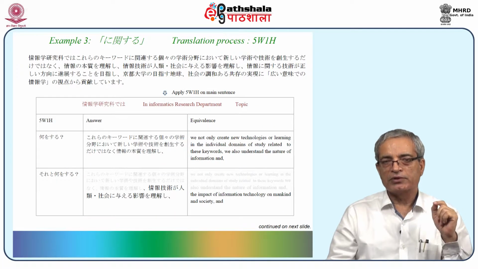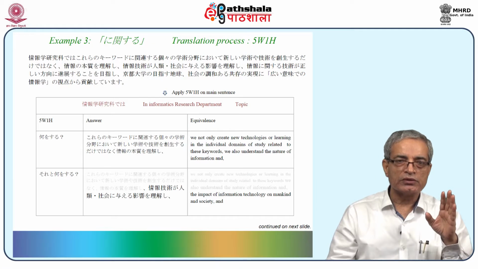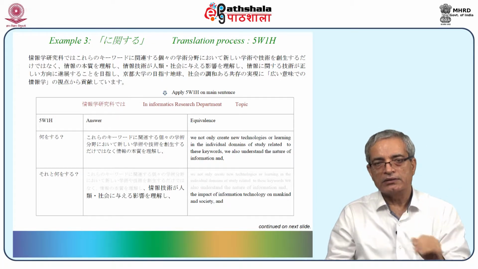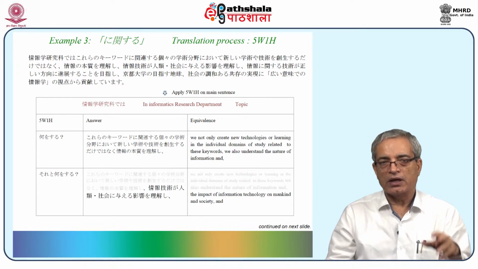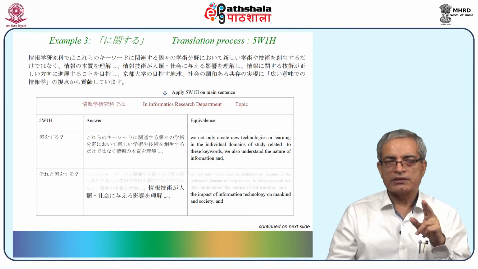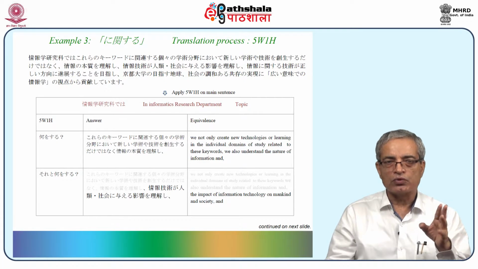Let's see one more example of ni kansuru. I'll avoid reading the 3.5 line sentence, but it starts with deva, that is kenkyu ka deva, joho gaku kenkyu ka deva.